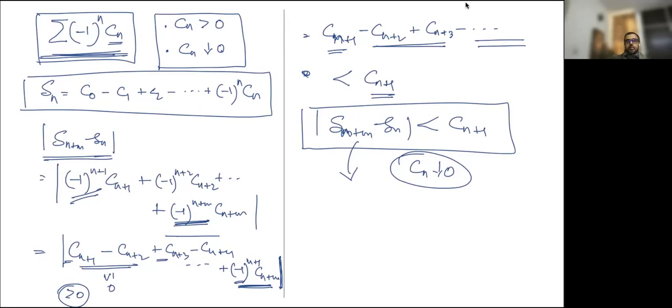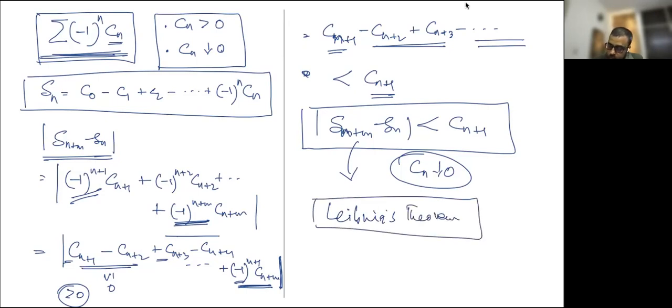Okay, so what you proved for that particular series, minus 1 to the power n, 1 over n plus 1, is in fact a slightly more general fact. This is called Leibniz theorem. Such series are called alternating series. The signs are changing, alternating.